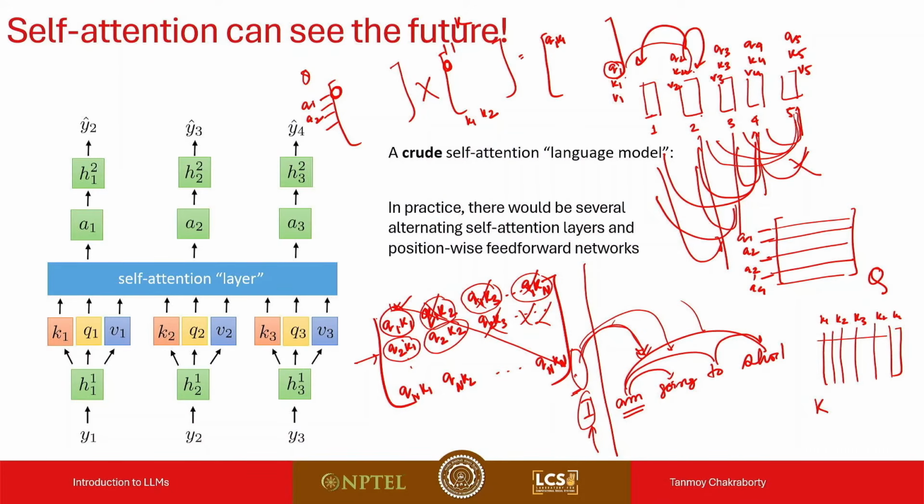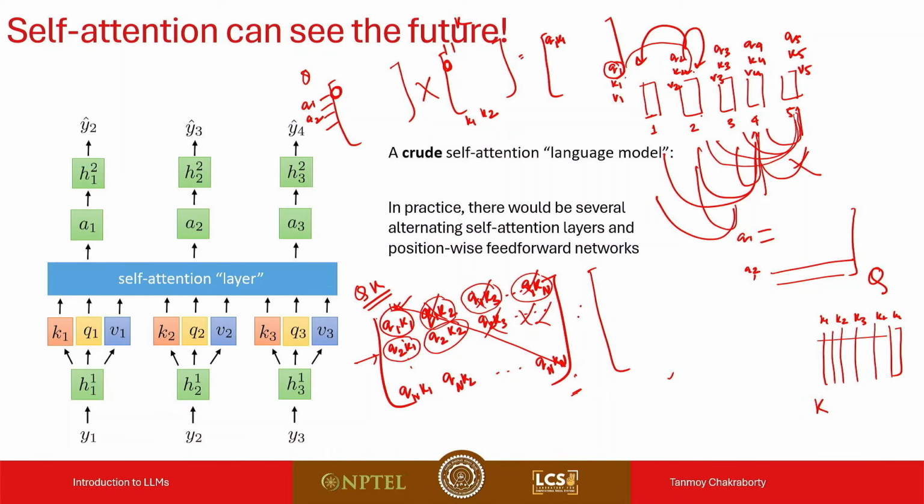How do we do this computationally? I mean, coding wise. During the training time, although you can generate the entire matrix, you are not allowed to process the entire matrix. You are allowed to process only the lower diagonal part of it, not the upper diagonal part. What we do is this QK matrix will be combined with another matrix which would look like this: 1 on the diagonal part, the same dimension, and minus infinity above.